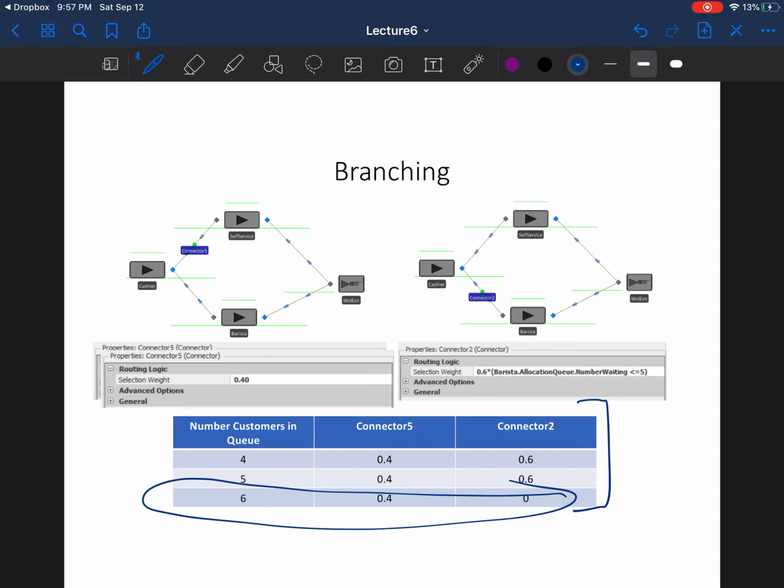As opposed to the previous slides, I don't have the results, but if you run this, and I hope this isn't surprising to you at this point, it's going to show roughly 40% self-service. That's because it's a rare event in our simulation, with the settings we have, for there to be more than 5 customers in the queue. So it actually validates what you would expect.